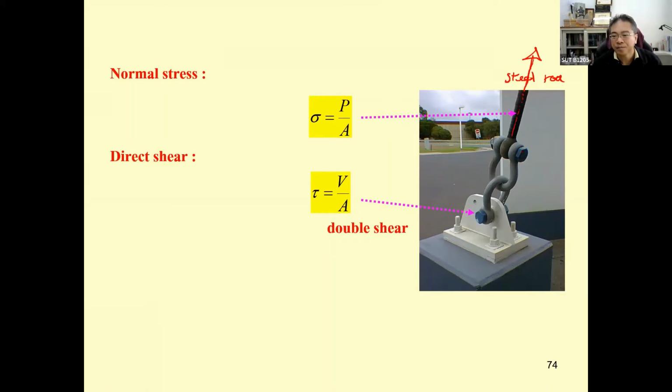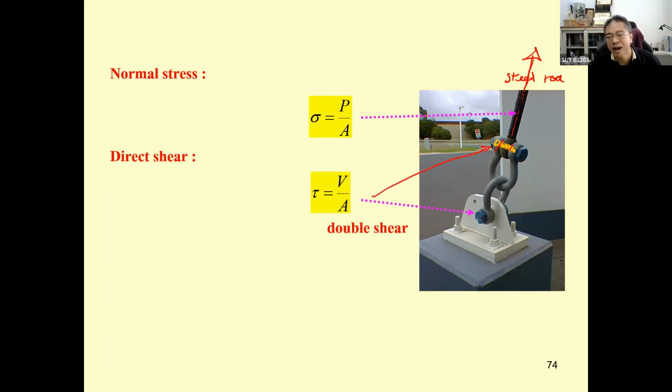And then over here is the bolt. The bolt connects the rod with the U-joint over here. So the bolt over here will be subjected to what? To the shear force. And since there are 2 cuts over here, cut here and cut here, this bolt is in double shear. This bolt is also in double shear.